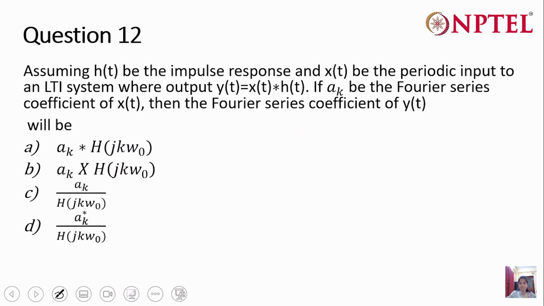Now I think it's kind of repetition. So we have x of t, and then we have a system that's h of t. What is the Fourier series coefficient of the output?